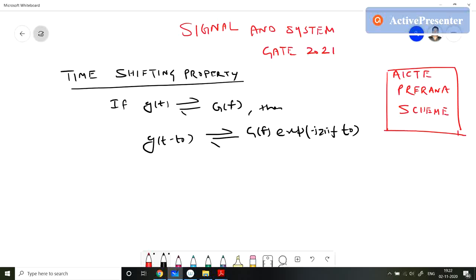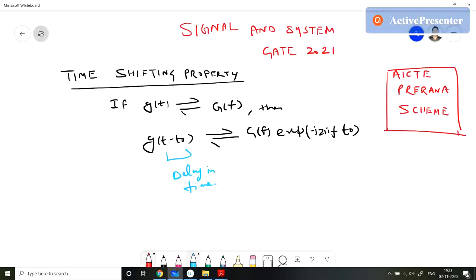Of course, this property is basically a delay in time, and it depends on the value of t naught whether g(t) will shift in the positive direction or the negative direction.